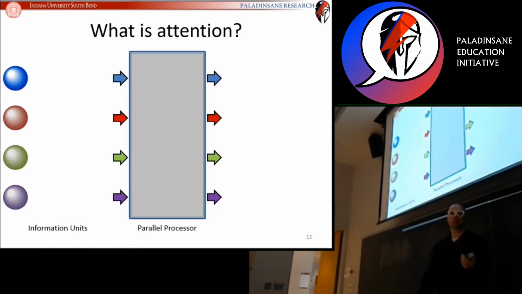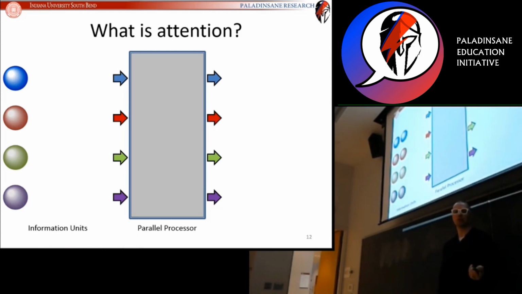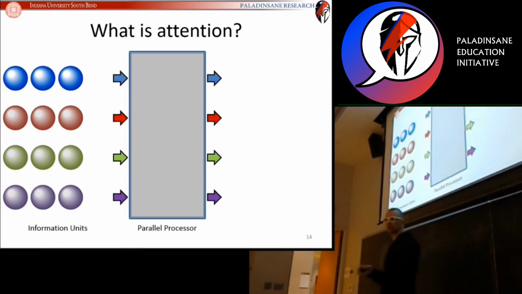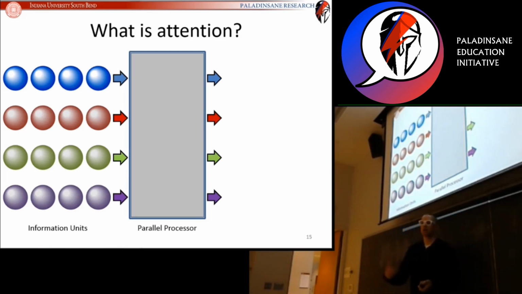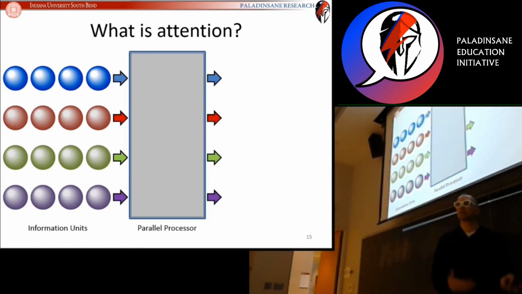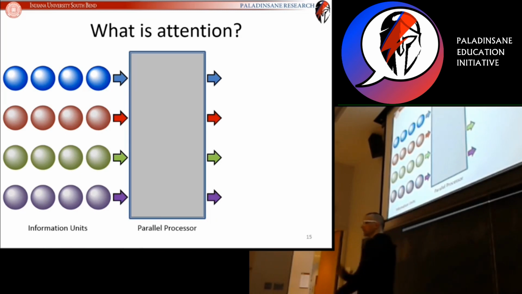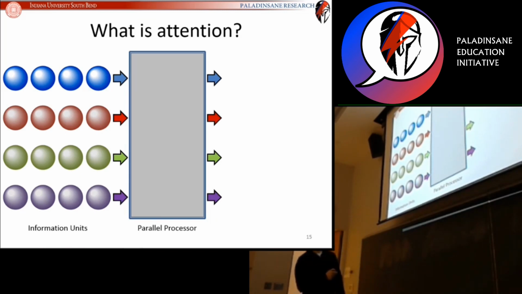These circles are each individual units of information that are about to hit that parallel processor. So what happens with a parallel processor? Well, this information is streaming in, it's getting close, it finally interacts with the processor, and because it's a parallel processor, it can process all of these streams at once.